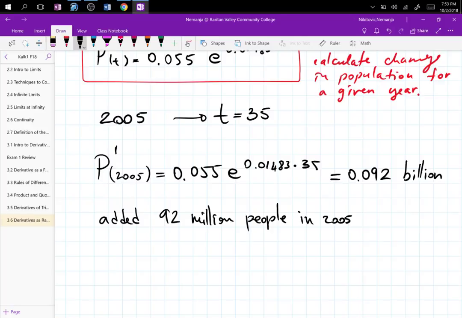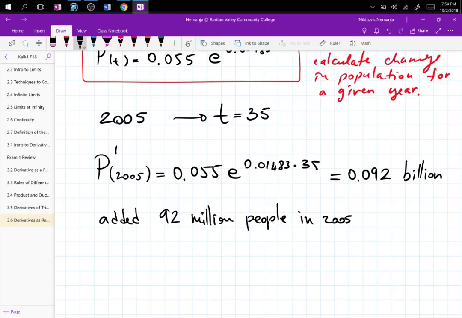You have to understand that the derivative is dy over dx. It's change of y over change in x. For the most part today, we had change in x to be time, for velocity and population. But you can also have it to be units like we had over there. So we took the derivative with respect to number of units.